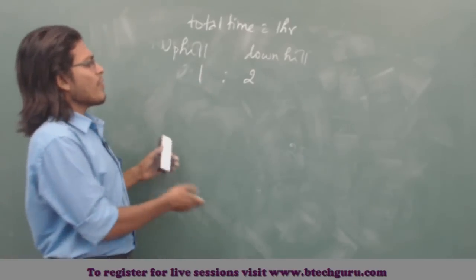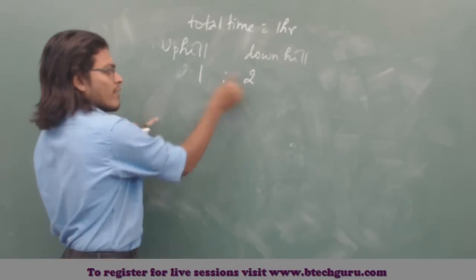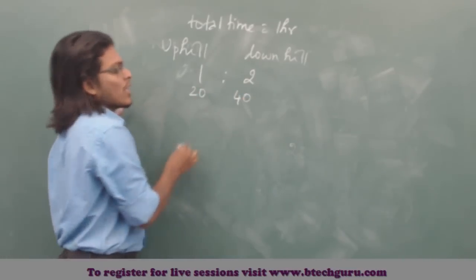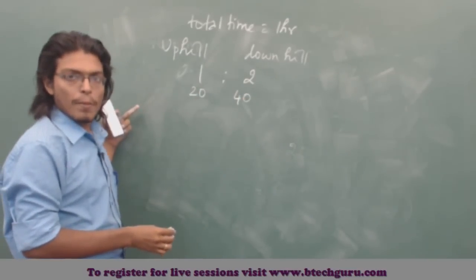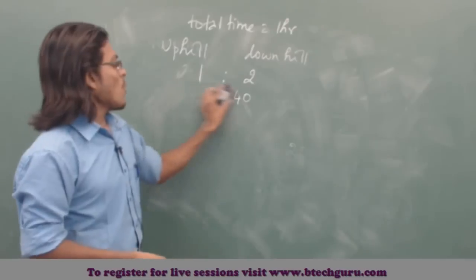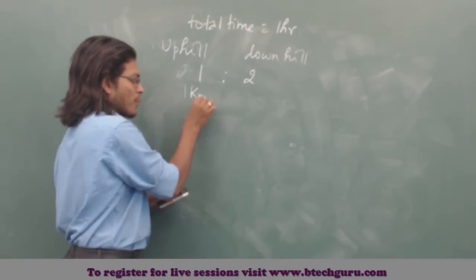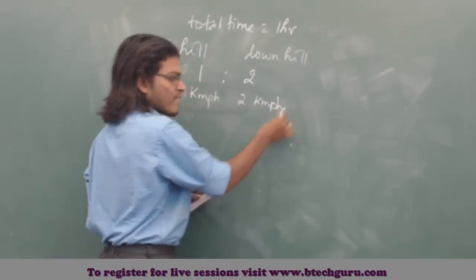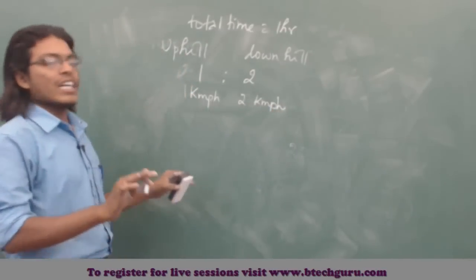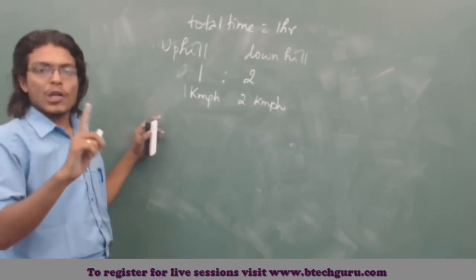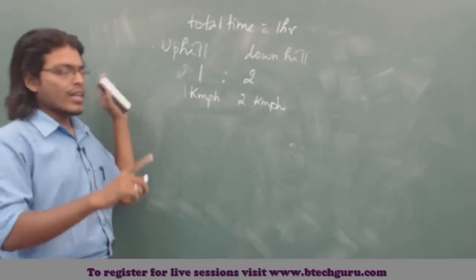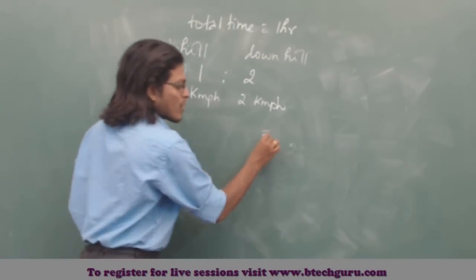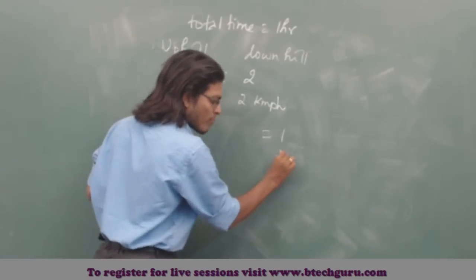Right. Say if we have the speed ratio as 20 and 40, or even 1 kmph and 2 kmph, assuming the distance is 1 kilometer, from uphill to downhill the distance is 1 kilometer, and the time is 1 hour.